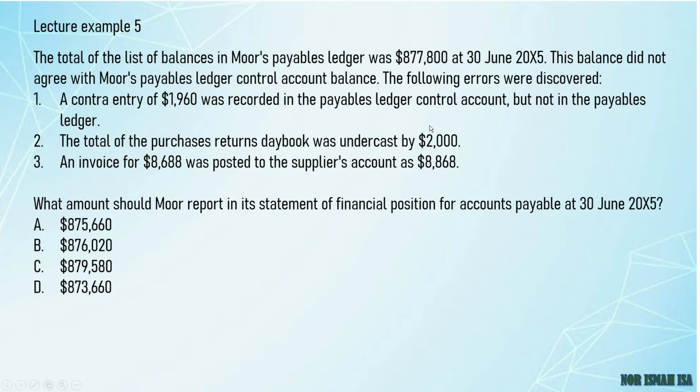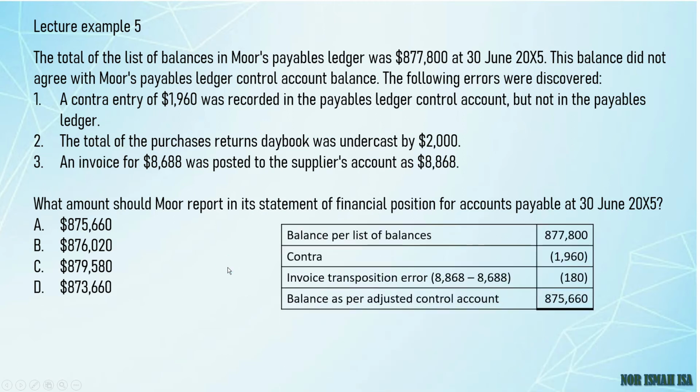So we have two mistakes that occur in the payable ledger. Since this question gives the balance in the payable ledger, you just take the mistakes that occur in the payable ledger, which are only number 1 and number 3, and then you make the reconciliation.